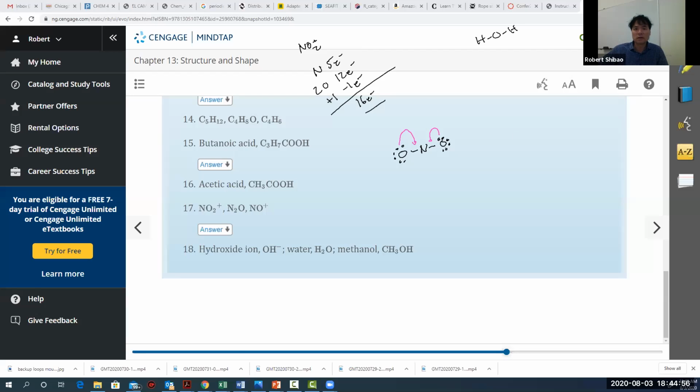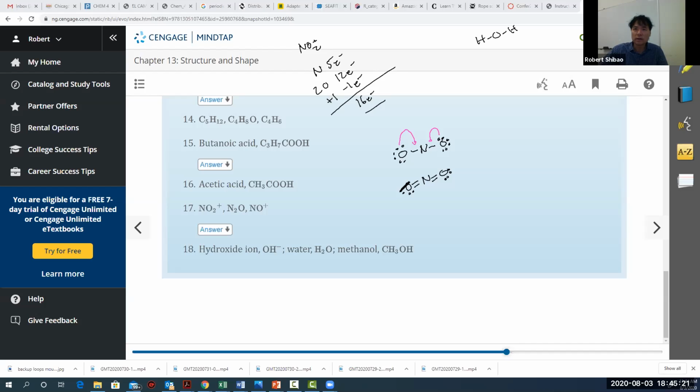So let's try that. So each oxygen lost a lone pair here. But now nitrogen has an octet. Now when we look at the formal charges of the oxygen here, first we look at the octet, then we'll look at the formal charge.